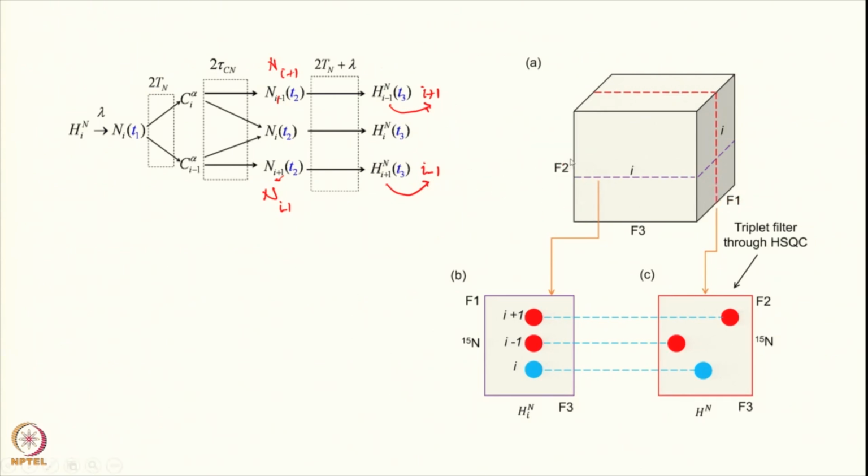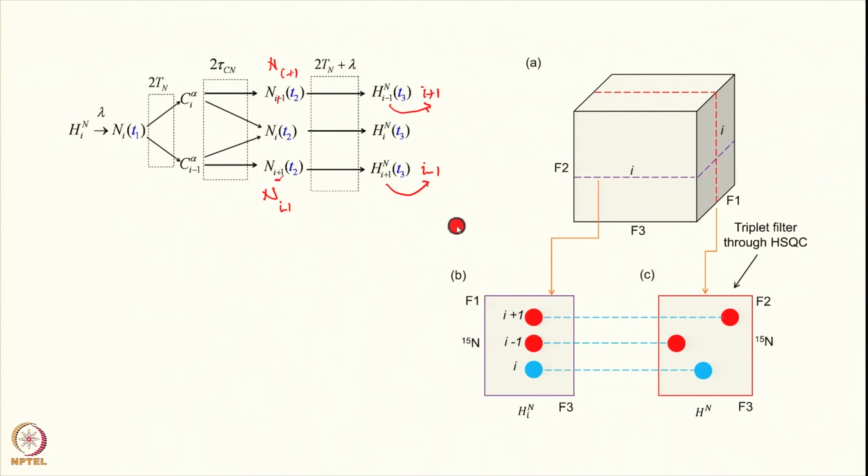Now if you take a cross section through this 3D spectrum, how does it look? Suppose I take an F1 cross section at a particular F2 chemical shift, I take this plane and show it here.